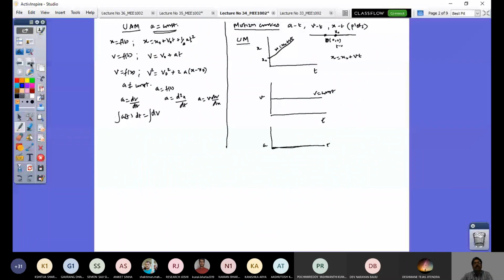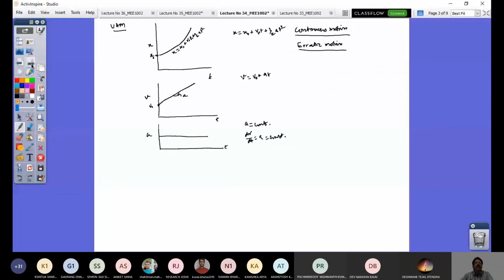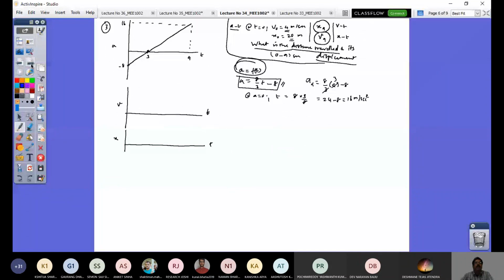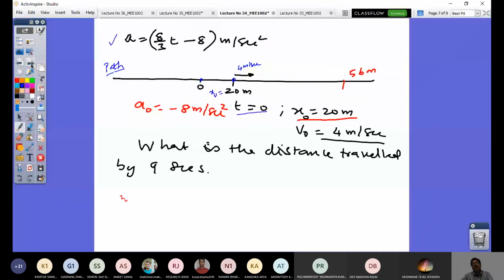We solved some interesting problems like this, and in that we understood displacement and distance traveled in the rectilinear motion of a particle. We also understood an important point called the point of reversal.